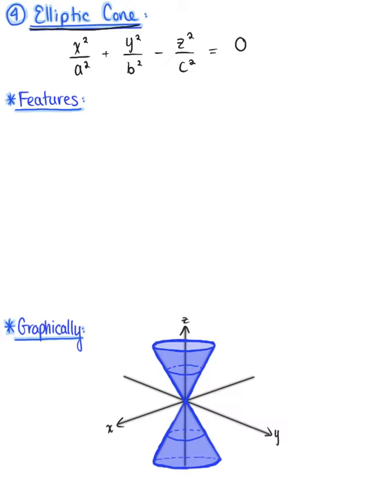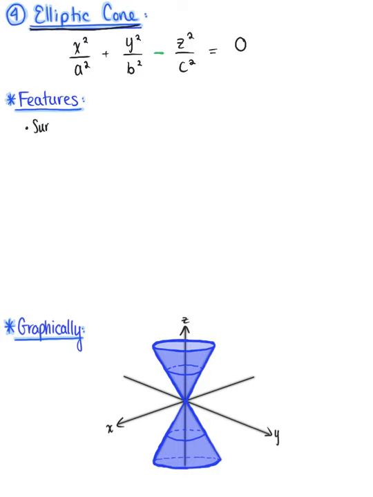Now again, looking at this equation, we notice that the variable z has a coefficient of a different sign than the others. This indicates one of the important features of an elliptic cone, letting us know that the surface will be centered about the axis whose variable has a coefficient of a different sign.